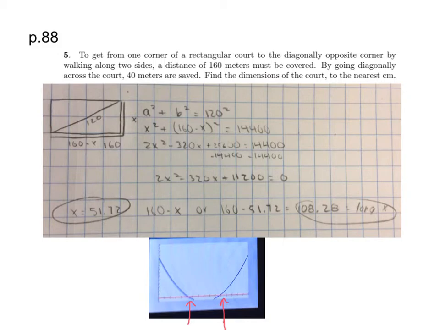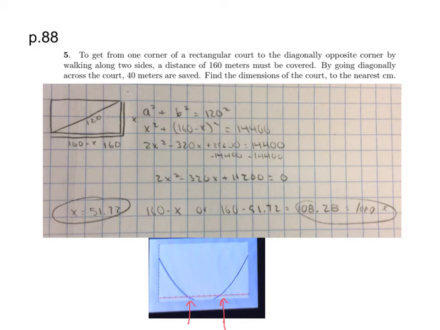the distance from here to here, when you walk these two sides right here, would be 160. And it says that this diagonal is 40 less than 160, so obviously that's 120. To do that, you have to use a squared plus b squared is equal to 120 squared, because of that formula.